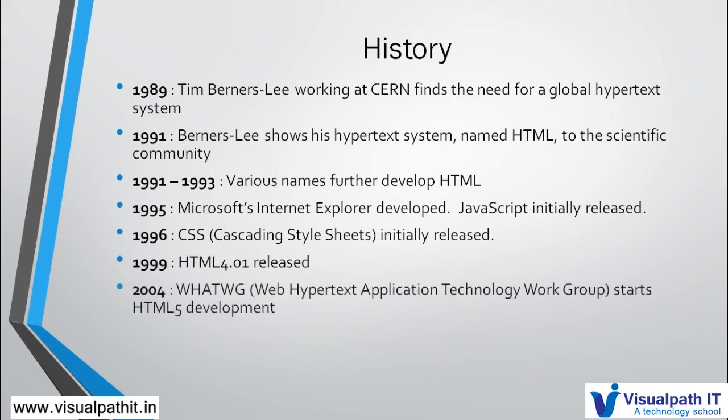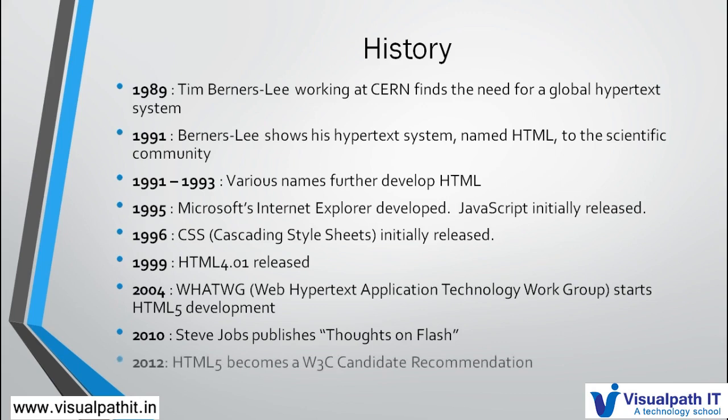In 2004, WHATWG, which stands for Web Hypertext Application Technology Working Group, started HTML5 development. In 2010, Steve Jobs published Thoughts on Flash. In 2012, HTML5 became a W3C candidate recommendation.